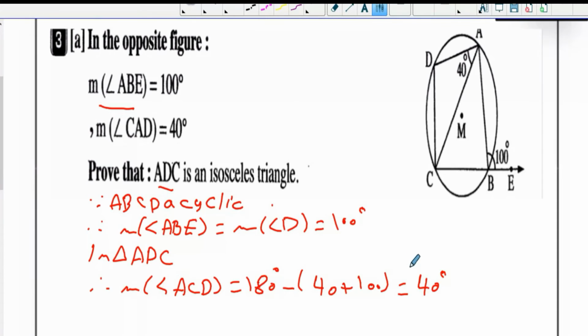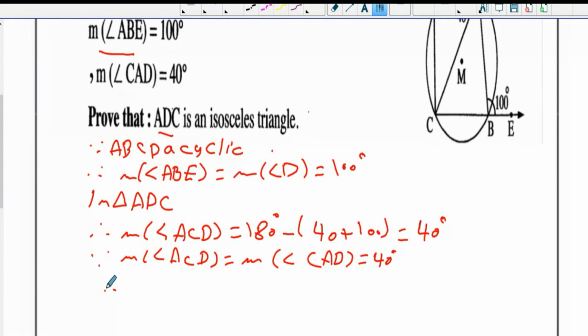Since measure of the angle DAC equals 40, measure of the angle ACD equals measure of the angle CAD, which equals 40 degrees. Therefore ADC is an isosceles triangle.